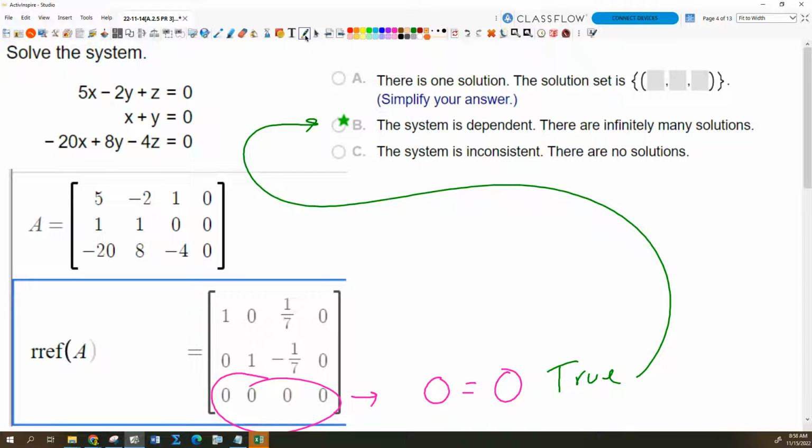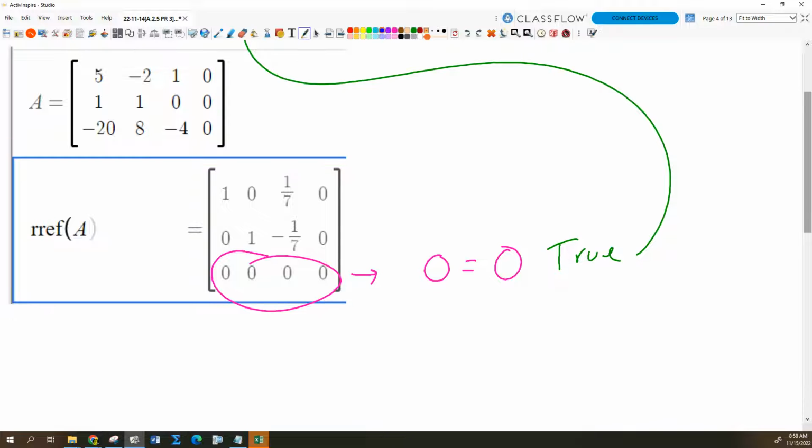What does this first equation or the first row say here? What is the equation that comes from that? 1x. Okay, so x plus 1/7 z, that's a 7, equals 0, right? Okay. How about this one here?